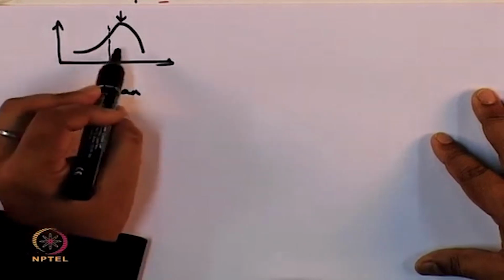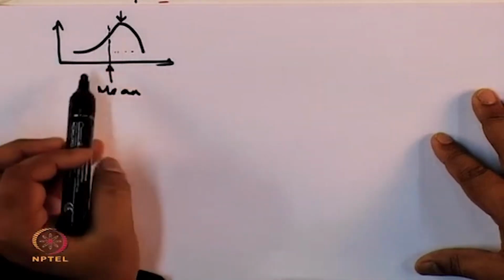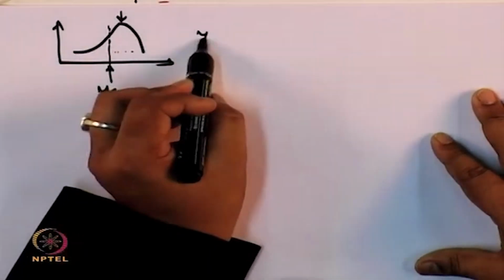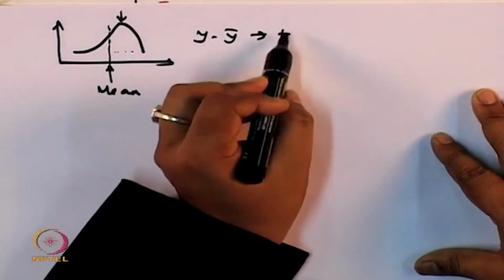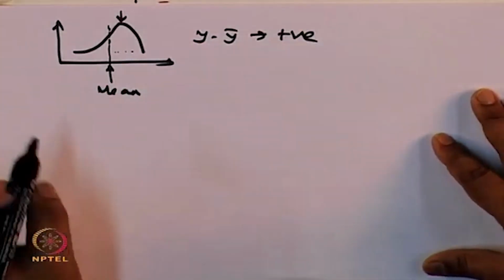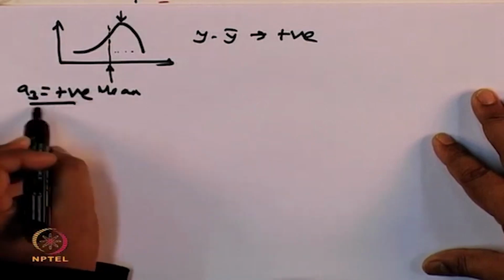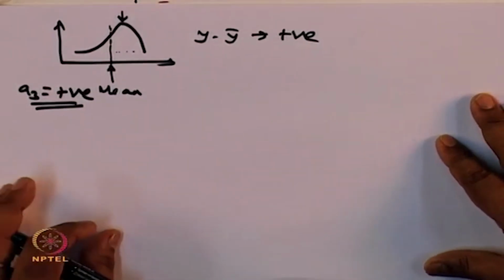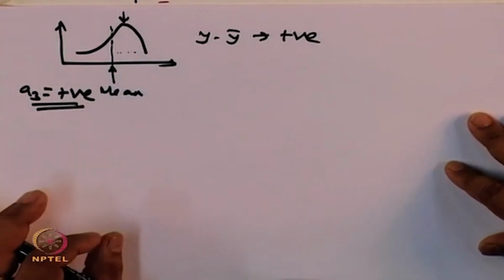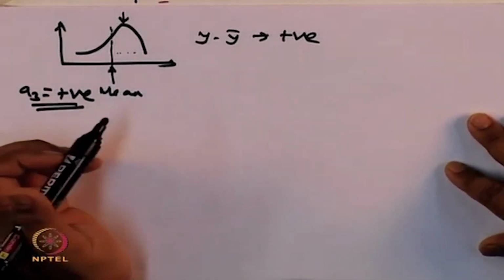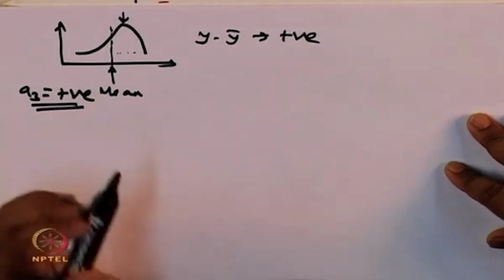I can clearly see that for all these points which are to the right of the mean, y minus y bar is going to be positive. By this token I will get a value of A3 which is positive. So let us take a sample example where we calculate the skewness of a distribution.